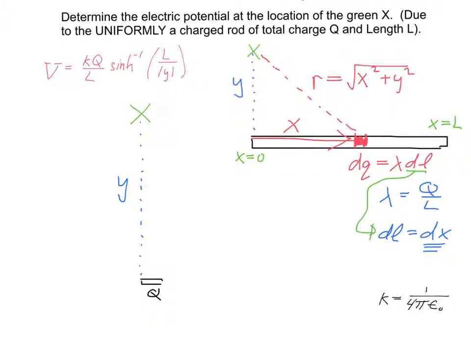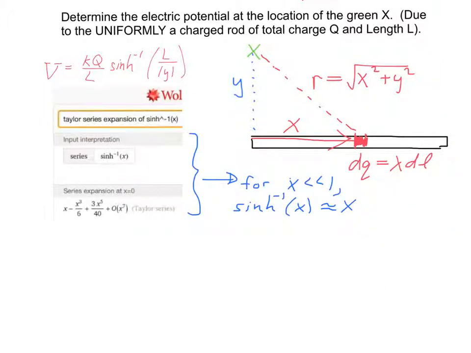To do that, we can expand this function in terms of a Taylor series and then truncate that series in the limit where this is a really small number, much less than 1. So let's see how that plays out. Using Wolfram Alpha to expand the inverse hyperbolic sine of x, we get this Taylor series expansion, expanded about x equals 0.